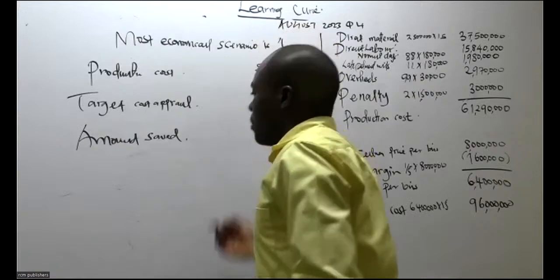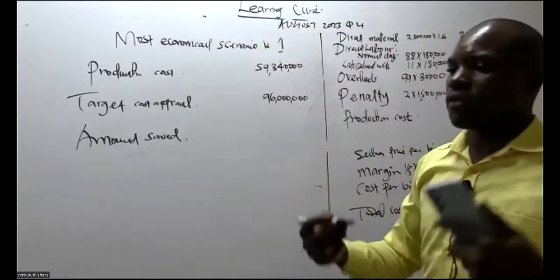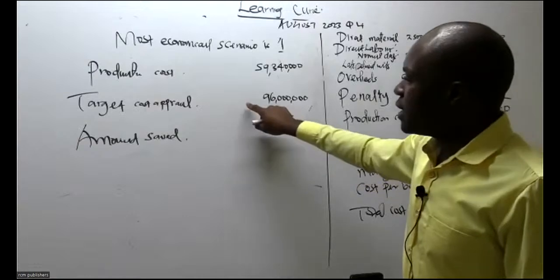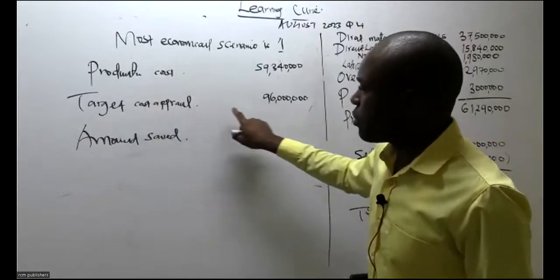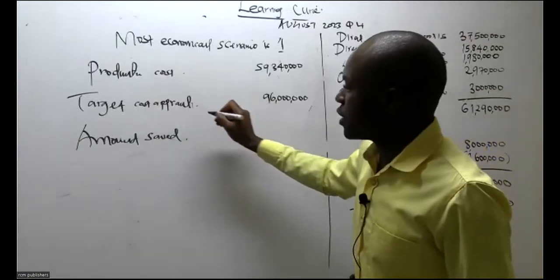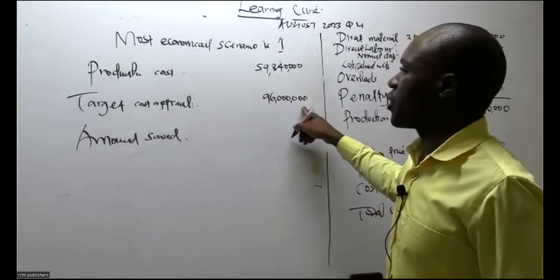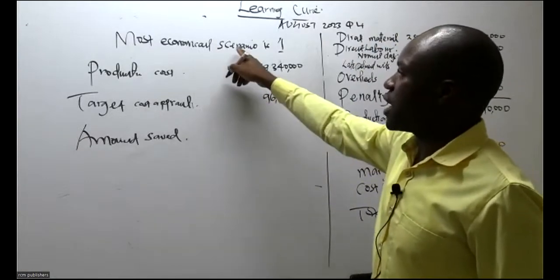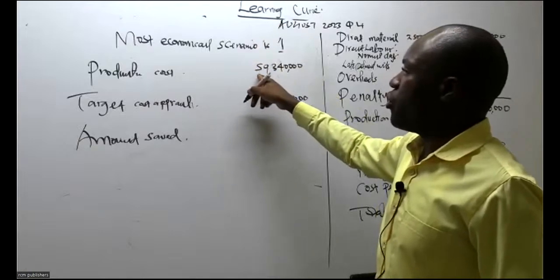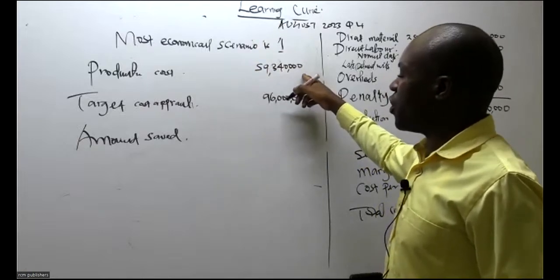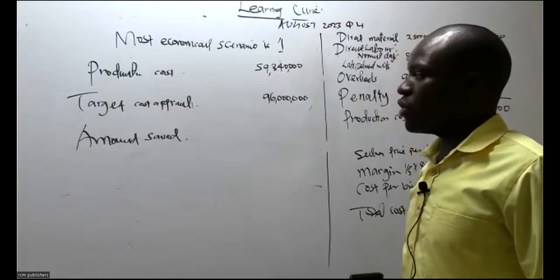Now, as a company, you are trying to minimize cost of production. You anticipated, or the target cost approach is telling you that you are supposed to spend 96 million. But if you go to the production cost under the scenarios, you are only spending 59,340,000. So there's a benefit. There's an amount you are going to save.